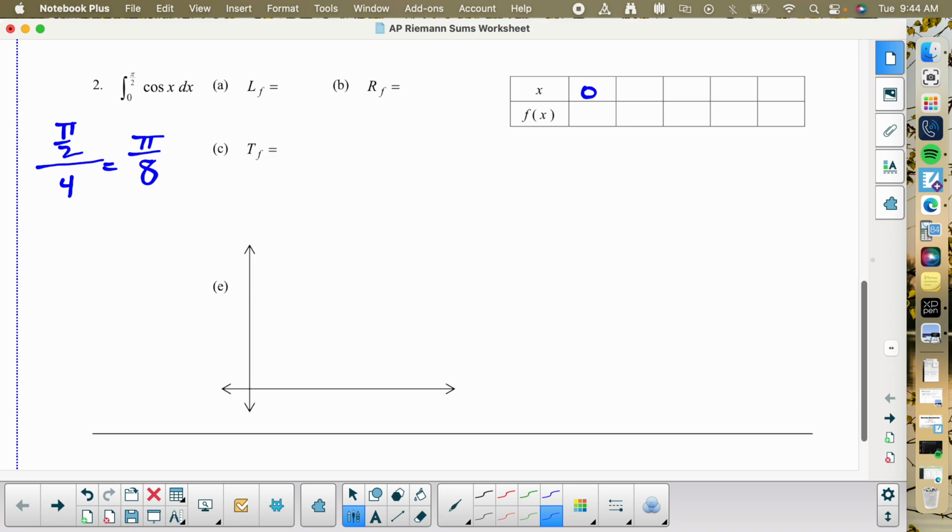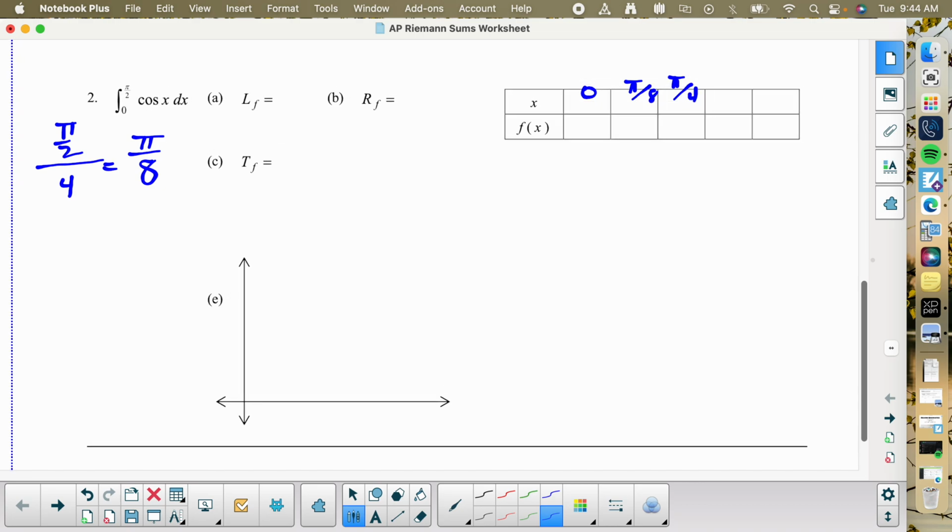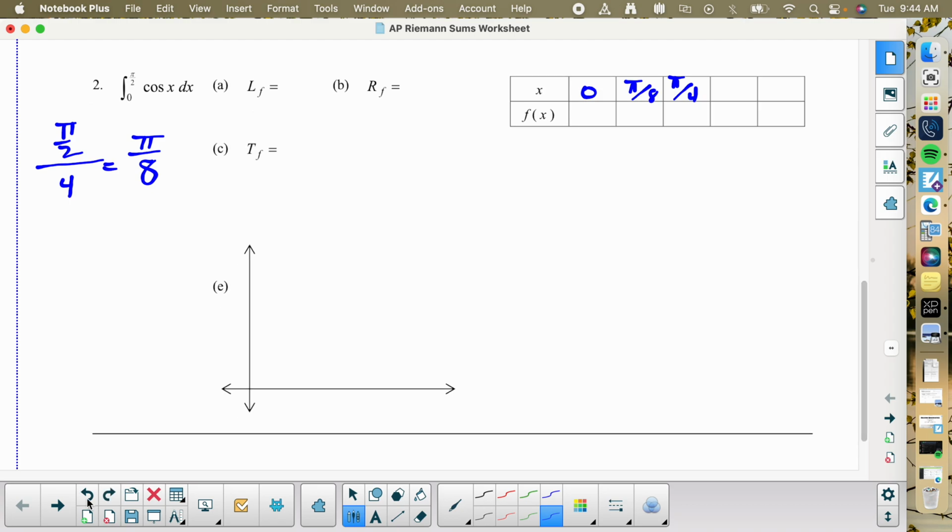Pi eighths. You add pi eighths repeatedly. So then you would have 2 pi eighths, or pi fourths, 3 pi eighths, and then 4 pi eighths, which would be pi halves. And that works out perfect because that's where we wanted to end.